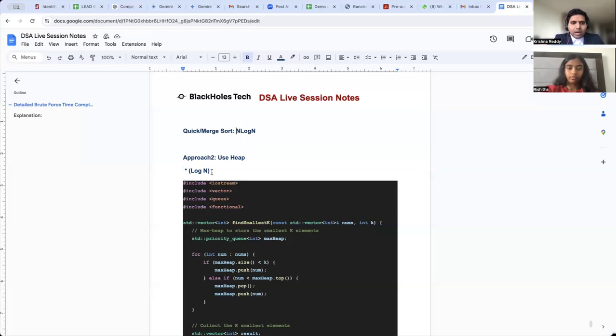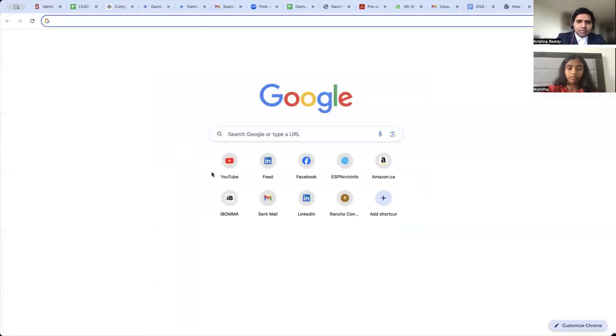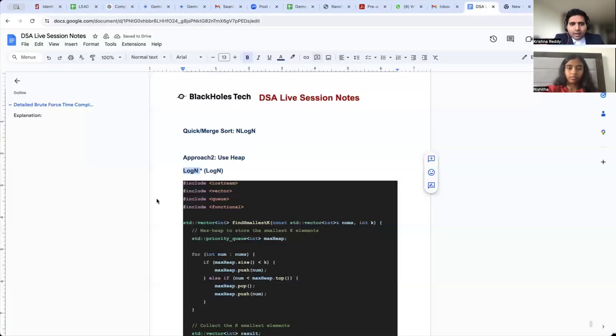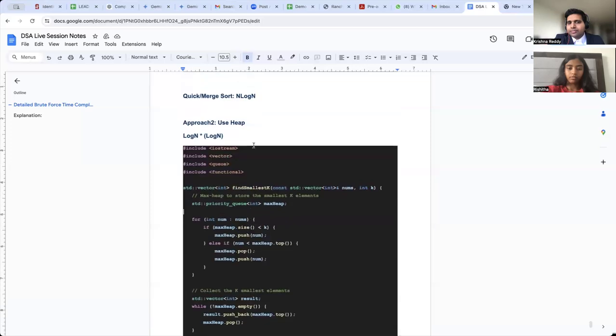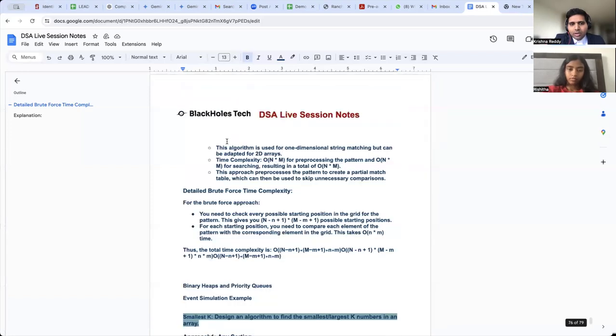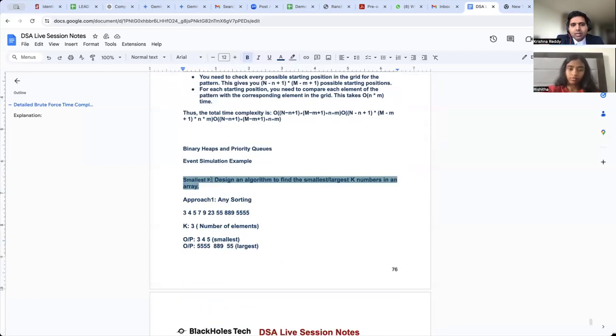Now let's come back to the implementation, which is already known to you. If you need to find the smallest k, you need to use a min heap and delete the root node 3 times.